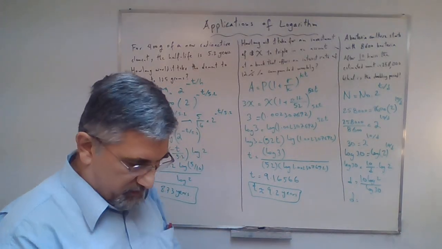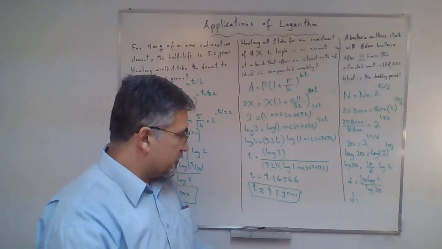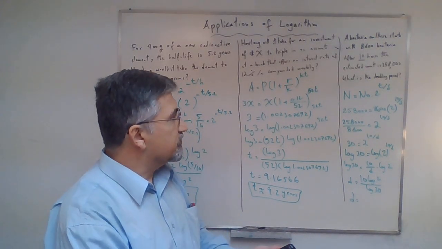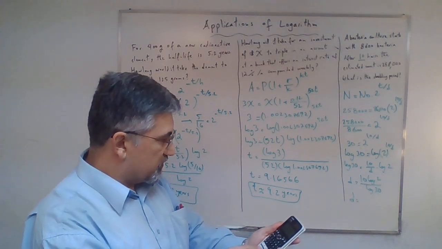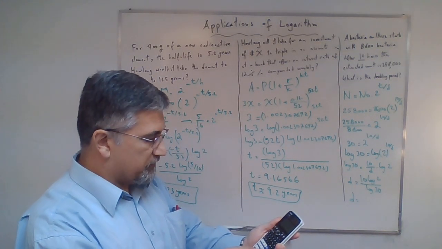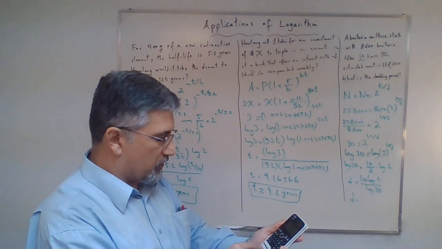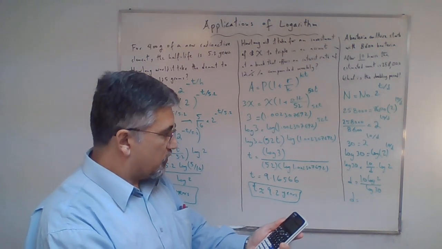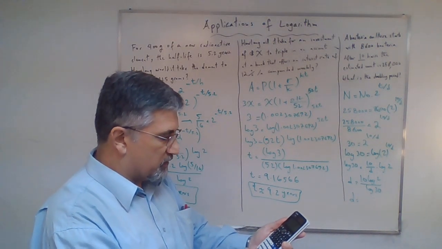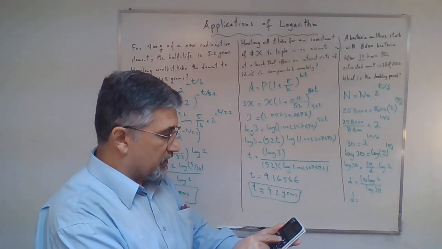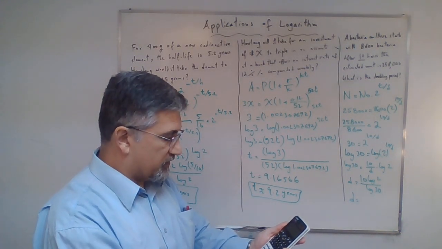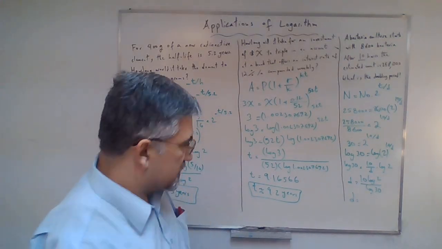So if we use a calculator, perhaps we can find out the doubling period of this special bacteria in this biology lab. So 10 times log of 2, that's the numerator, and we're going to divide this by log, again common logarithm, of 30 this time, and the answer is 2.037.